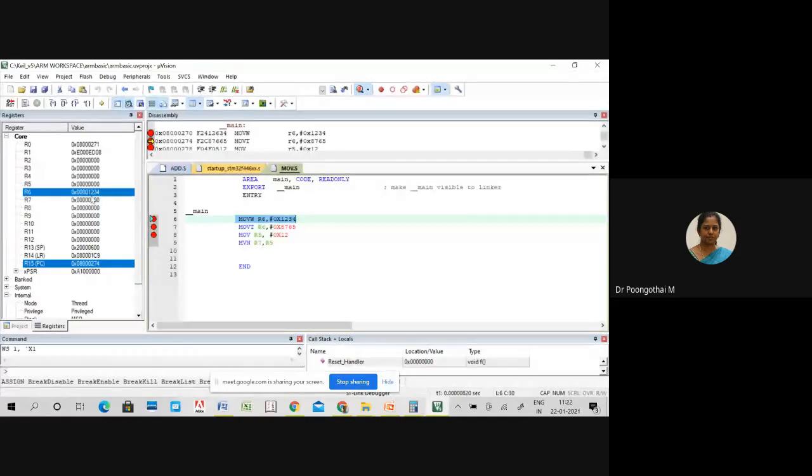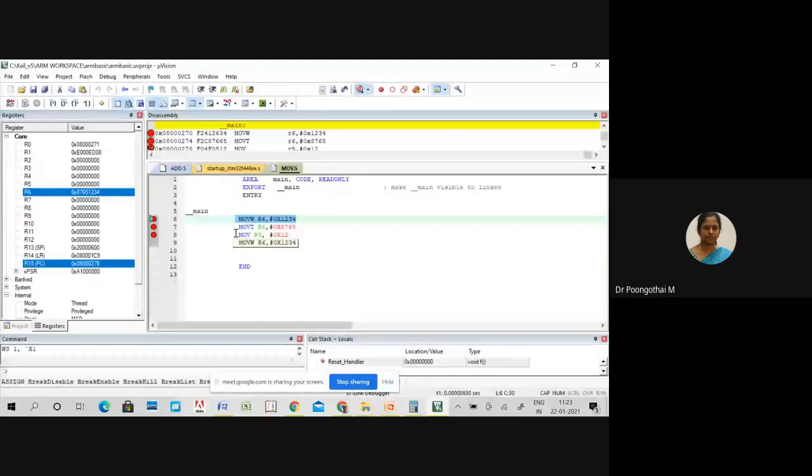This instruction is used to move a 16-bit hex value to the lower half word of R6. Is that clear? This 1234 is transferred to the lower half word of R6. And next, the move top instruction. Here you can see that 8765 is loaded into the upper half word of R6. This instruction is used to combine two 16-bit words into a single register.